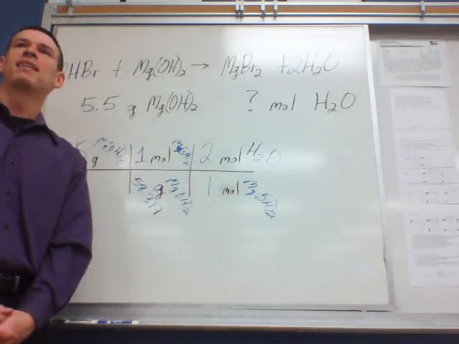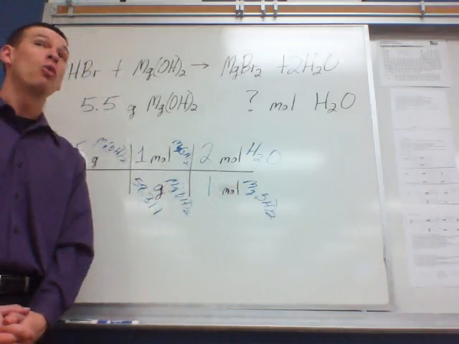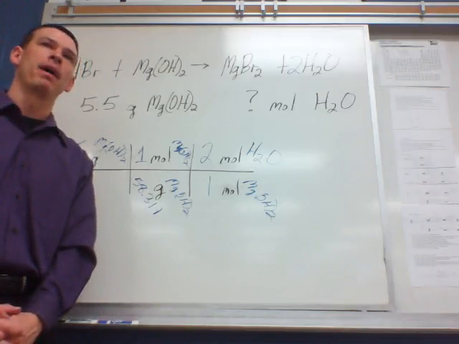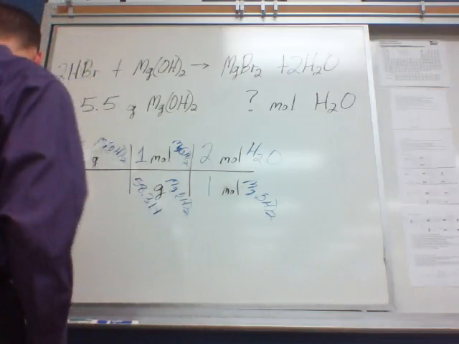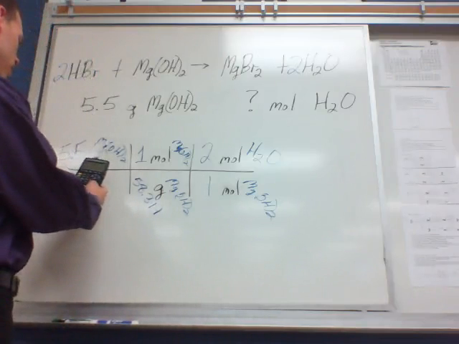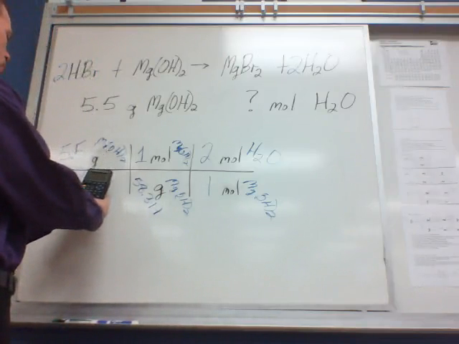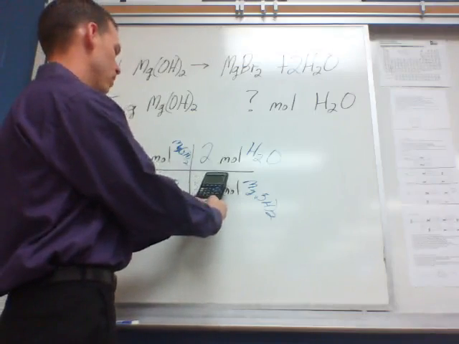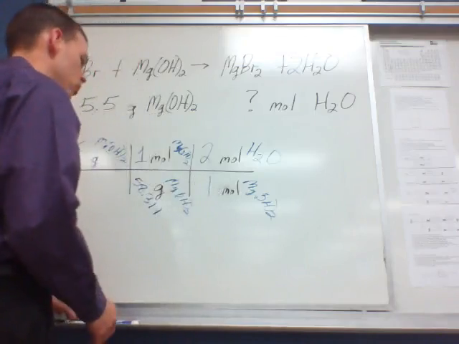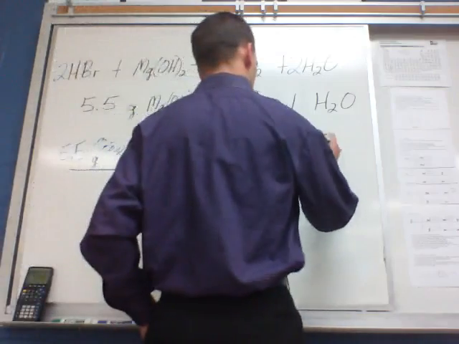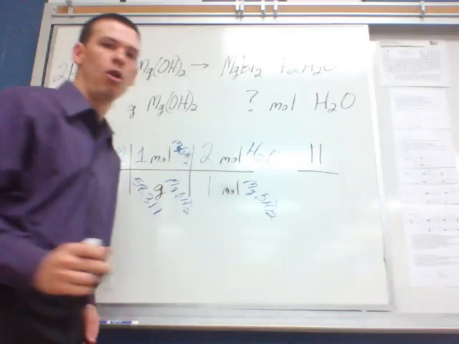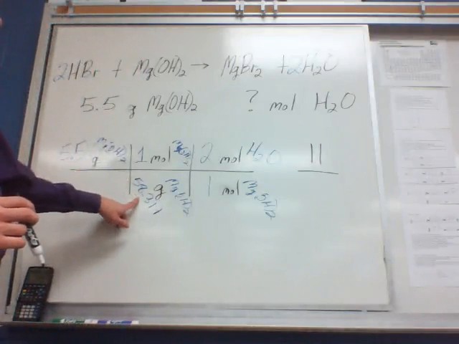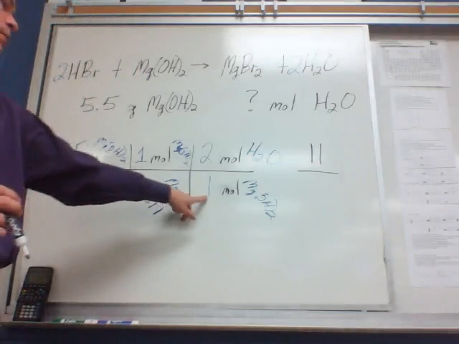Multiply all the way across the top, multiply all the way across the bottom, and then divide the top by the bottom. You can work with me. I would go 5.5 times 1 times 2, and I get a top value of 11. That's just me multiplying across the top. I multiply across the bottom, 58.319 times 1.